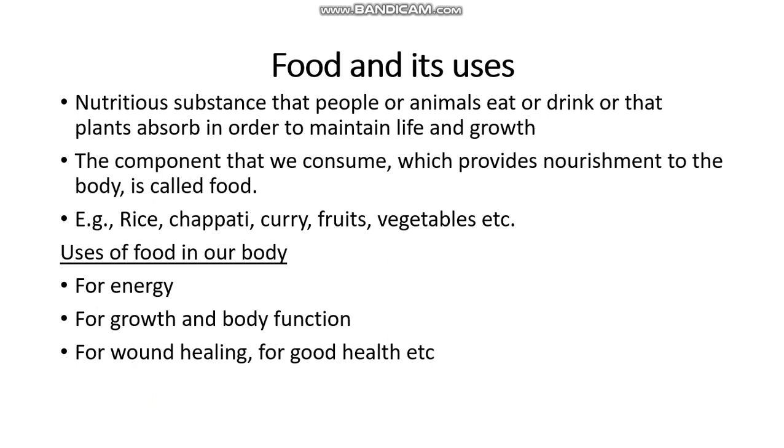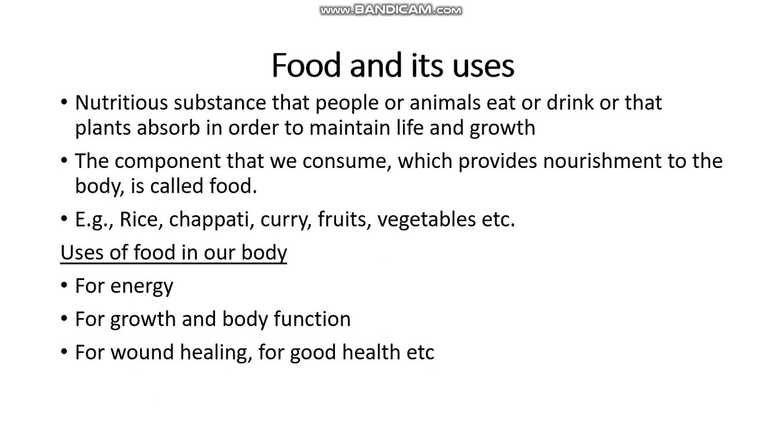What is food? Actually, the fuel that our body needs to keep it working is called food. Our body must be supplied with the right amounts of the right chemicals in food so that our body can work properly.